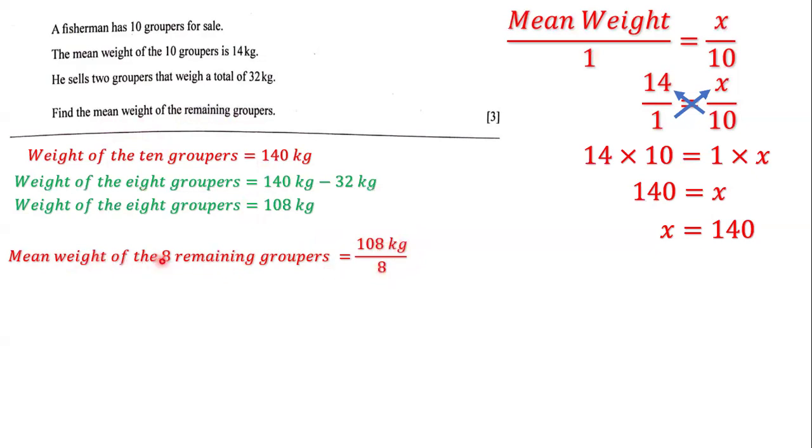When we divide these two numbers, we get 13.5. So the mean weight of the 8 remaining groupers is 13.5 kilograms. And that's the answer to this question.